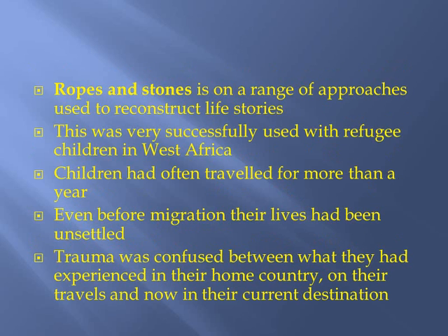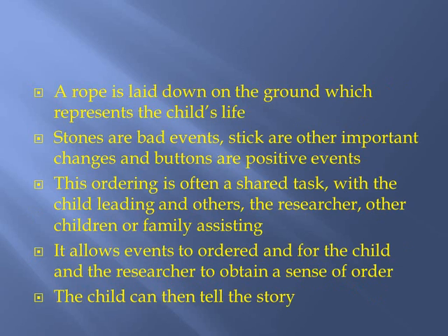The ropes and stones approach for recovering life stories is very successfully used with refugee children. In some respects it's similar to the fishes and boulders method I described earlier. These are children who travelled for more than a year, and even before migration their lives are unsettled. So they're traumatised between what they experienced in their home country and their travels, and their current destination, and things can get confused.